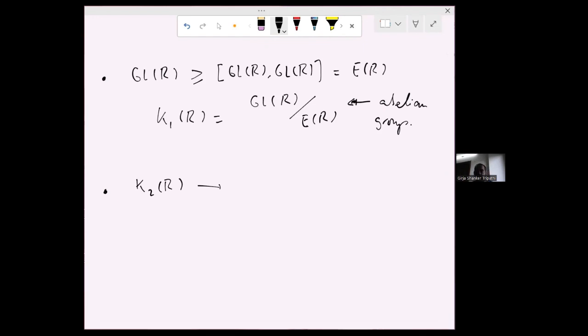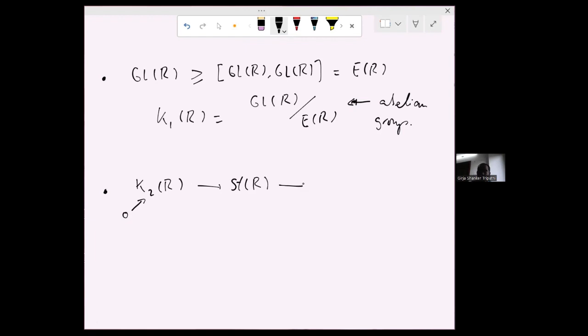So we define this subgroup. K2R would be the kernel. So we have 1 if you want to write multiplicatively, then 1 to K2R, and we have seen this Steinberg group.